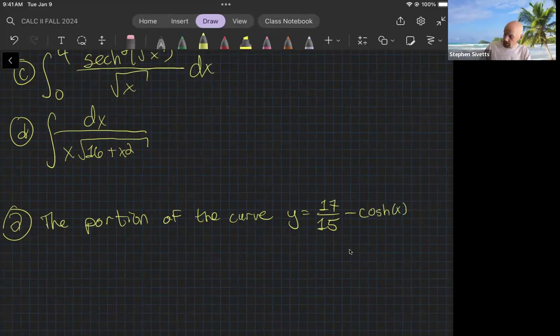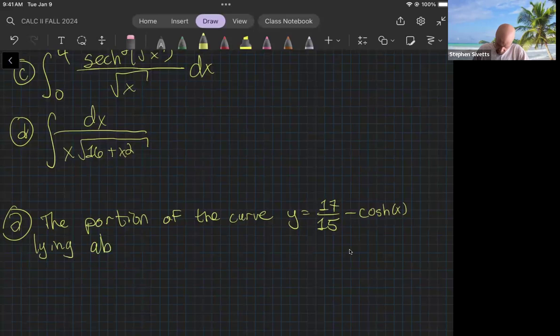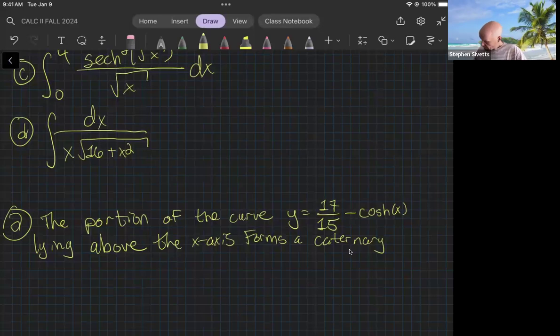Most modern day bridges are built in a catenary fashion, right? So they have a hyperbolic cosine curve, excuse me, a catenary.